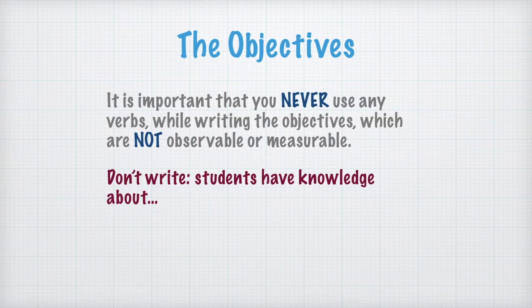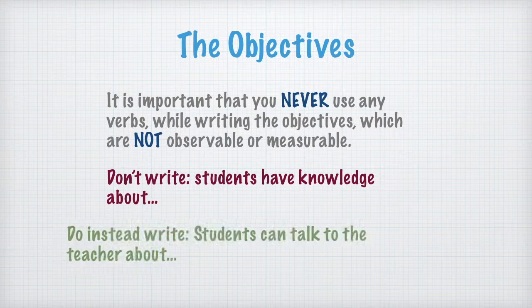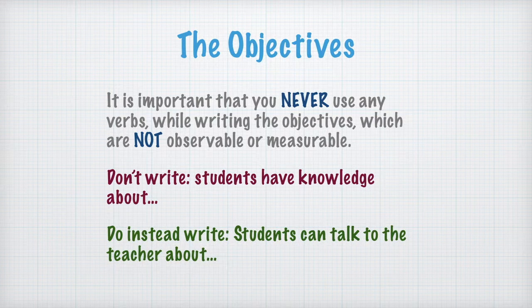Having knowledge is not observable, it's not measurable. Do instead write, students can talk to the teacher about. When a student talks to the teacher, you can observe this. You know it is happening. You can measure how good the student is talking to you. So far, the header and the objectives.